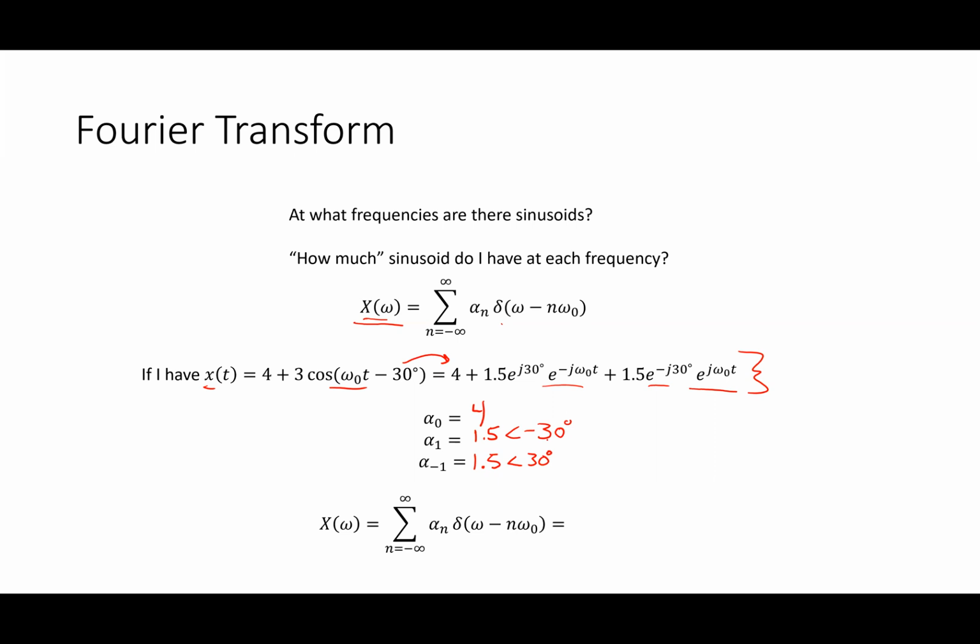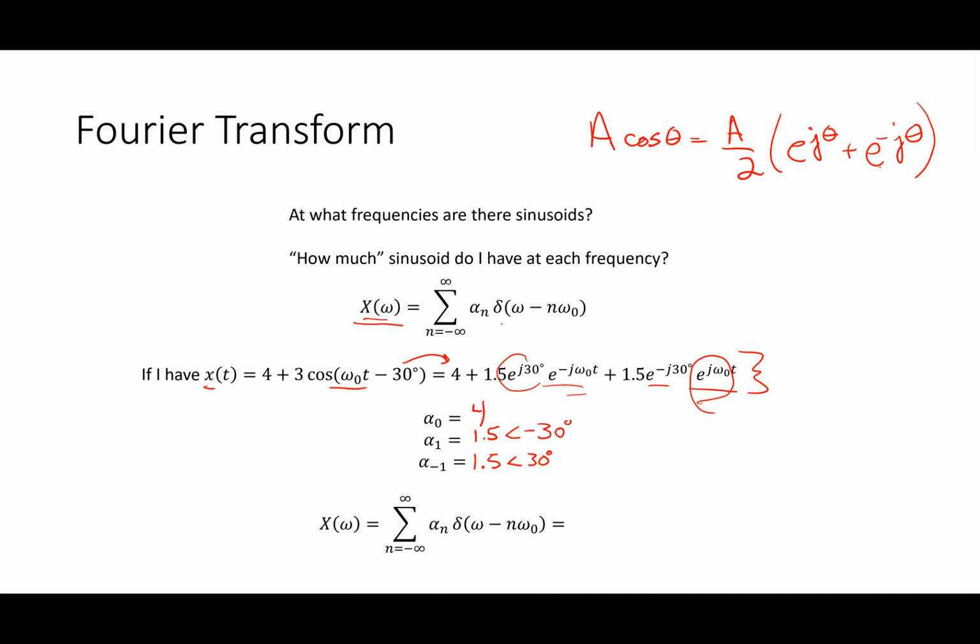You can go back to Euler's identity to figure out why the negative angle goes with the positive moving vector and why the positive angle goes with the negative moving vector. That just comes from Euler's identity, which is cosine theta equals one half times e to the j theta plus e to the minus j theta. You would see where that comes from there.